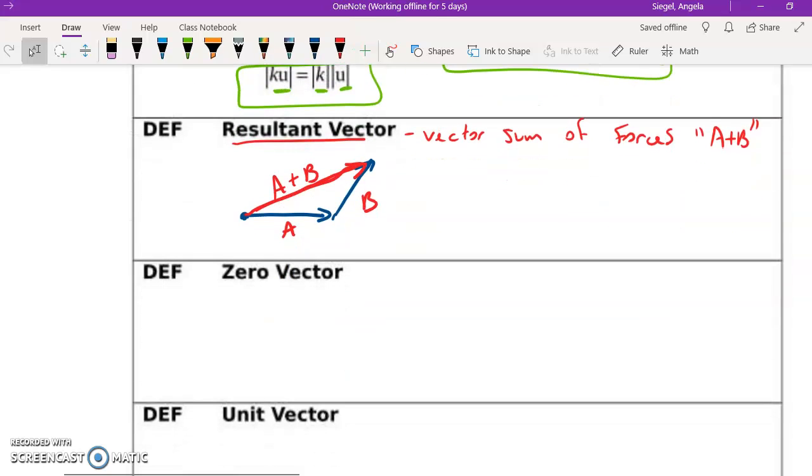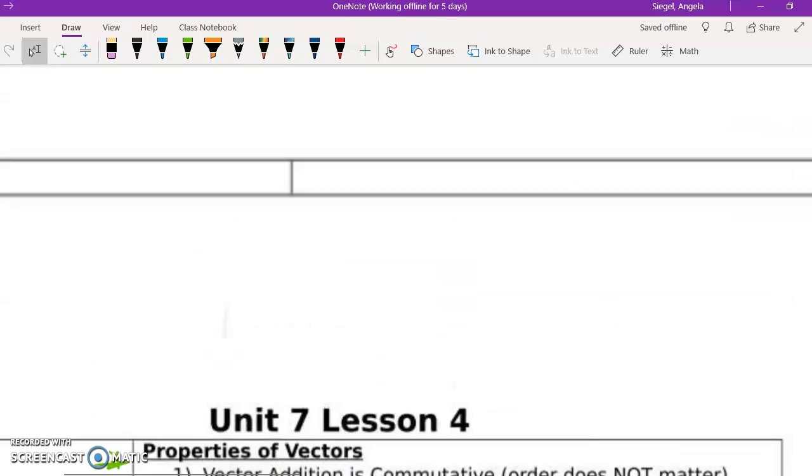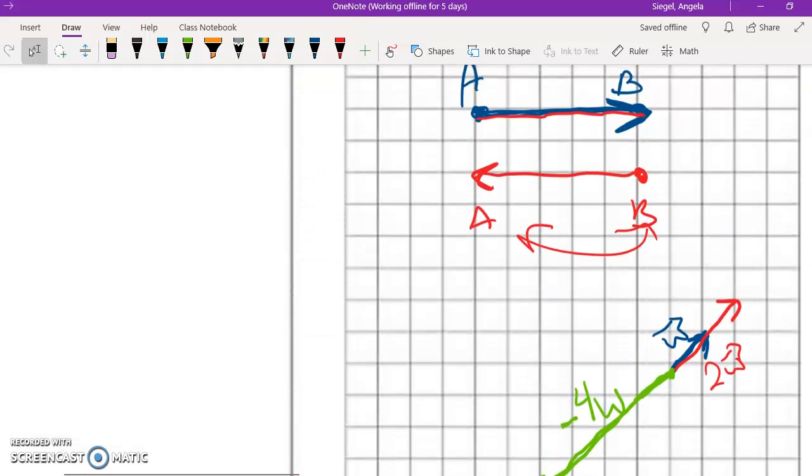The 0 vector, we've kind of already had this. It's a vector and its opposite equals 0. So let me show you this. Come back up here.